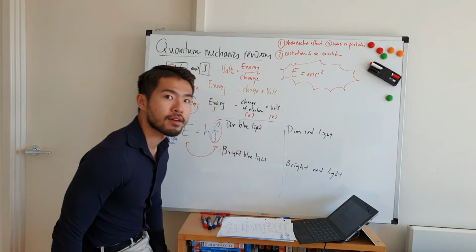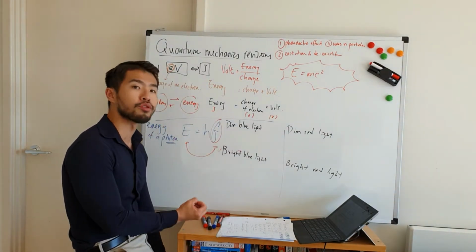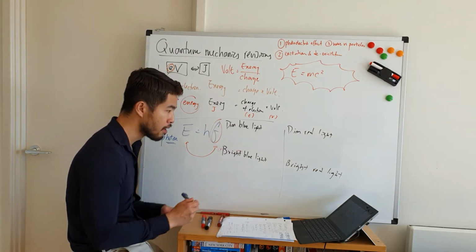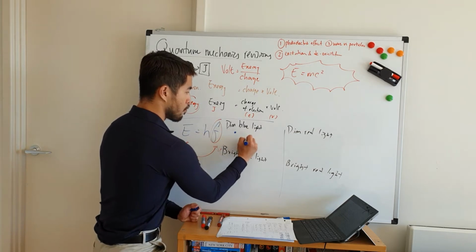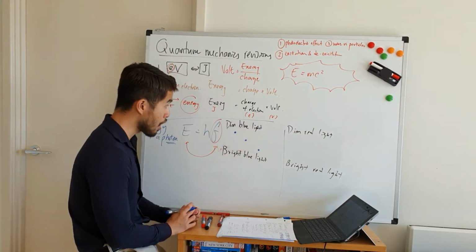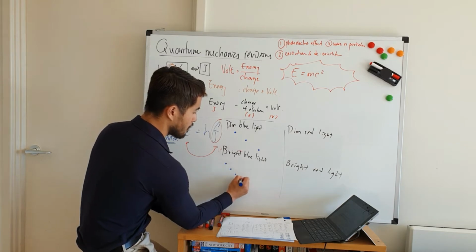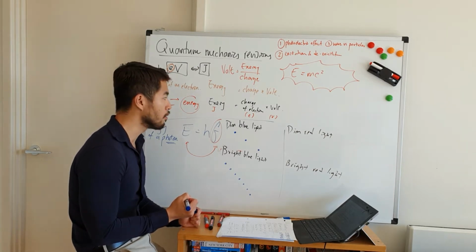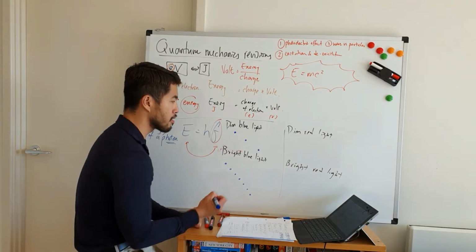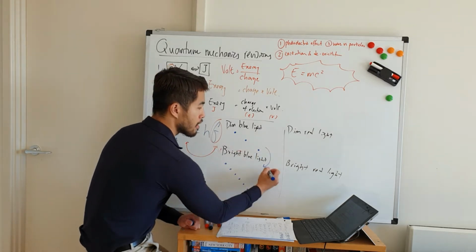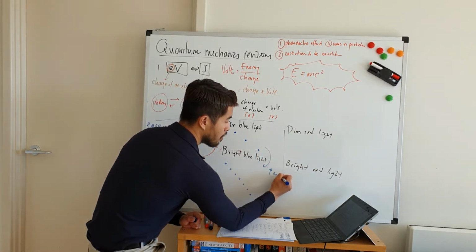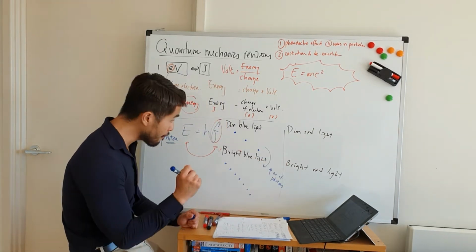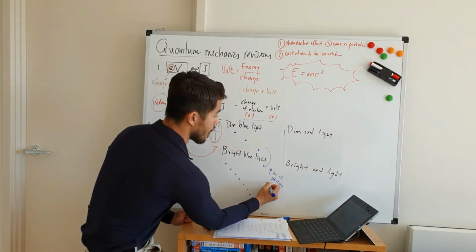But what are we talking about in terms of photons? How many particles in dim blue light? How many particles in bright blue light? Dim blue light, for example, will have 3 photons. But bright blue light, for example, will have a higher number of photons. So dim and bright is actually an increased number of photons. Okay? So in the idea of a wave, this is increasing amplitude.